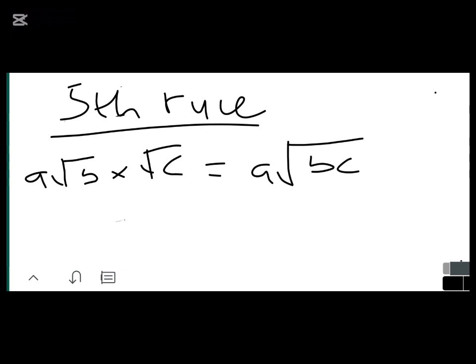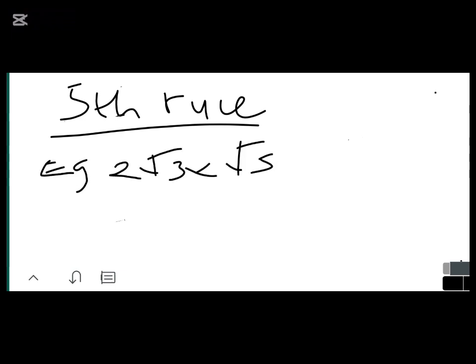You bring the a, then bring what is in the square roots together. Example: 2 square root of 3 multiplying square root of 5 can be written as 2 square root of 3 times 5.